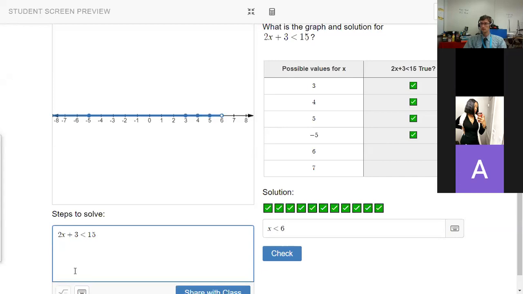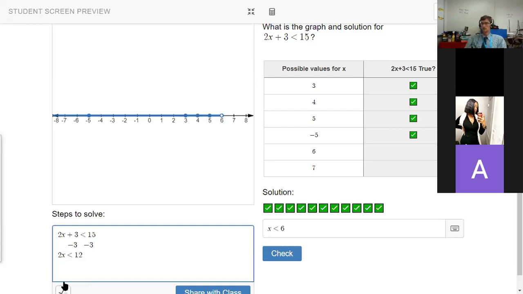Subtract 3 from both sides. So 2x less than, what's 15 minus 3? It's 12.